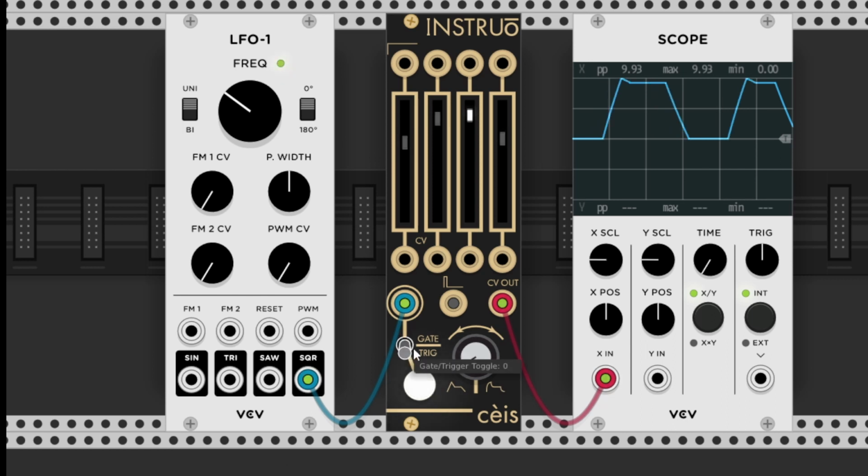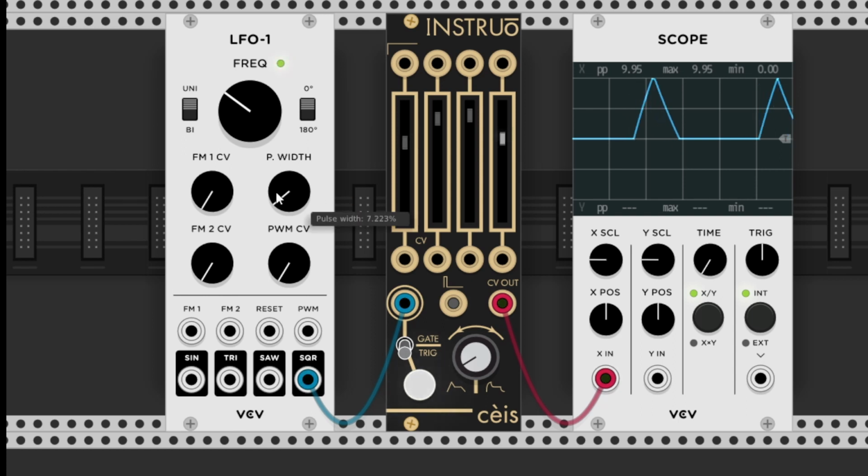In trigger mode, the envelope will run through all of its stages under the condition that the high level of the incoming gate signal here is long enough to give the envelope enough time to run through all its stages. Otherwise, let me shorten, let me change the duty cycle here. Otherwise, you see that at the end of the gate's high signal, the envelope jumps at once to the release phase here.